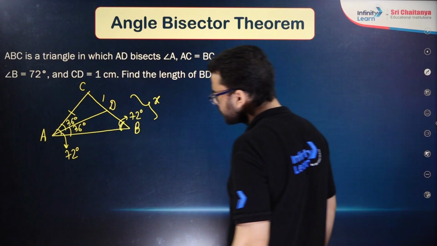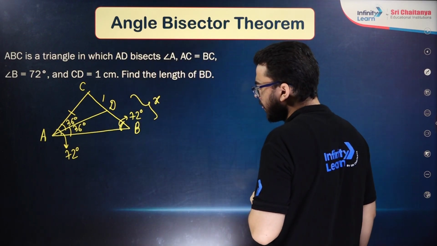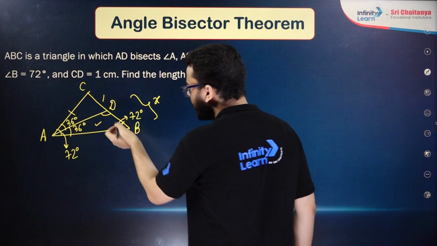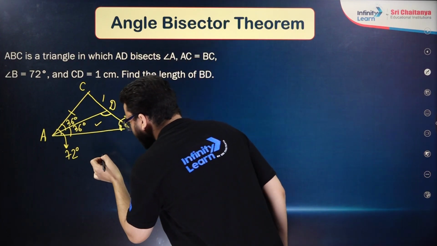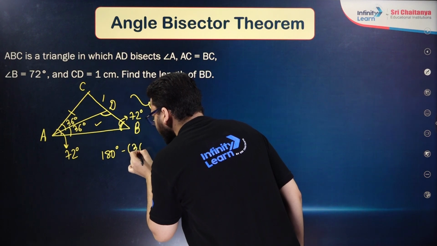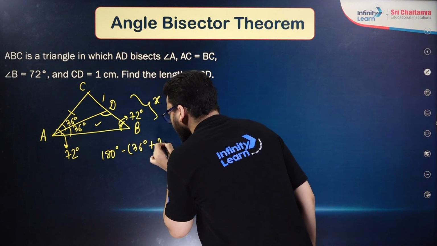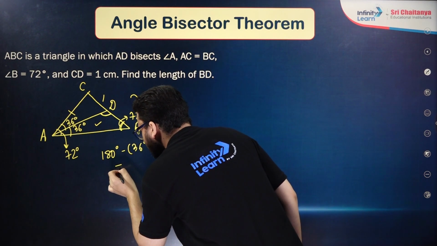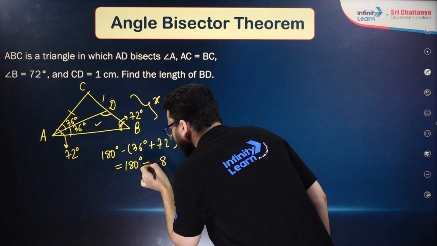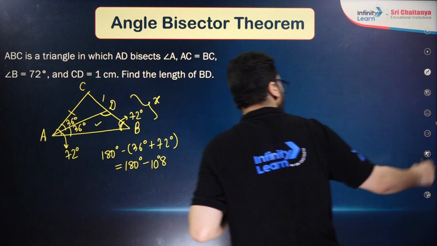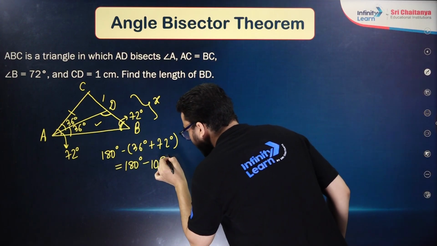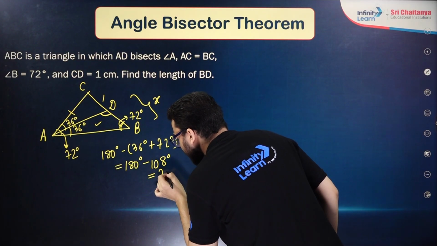Now let's see over here. What will be this angle, guys? If I see this triangle ADB, what is this angle? This will be 180 minus (36 plus 72). And what is that? 180 minus 108 will be 72 only.